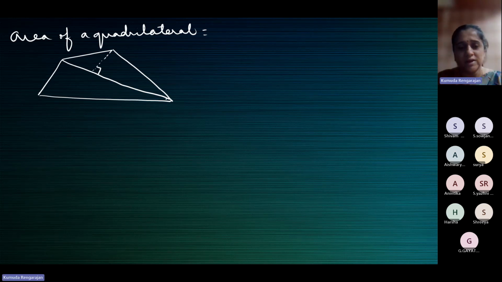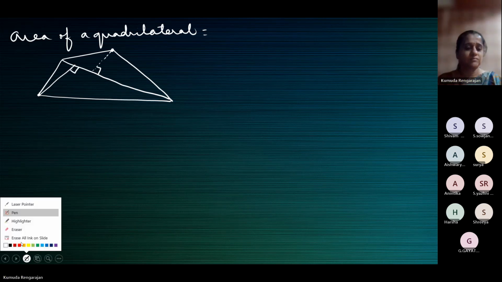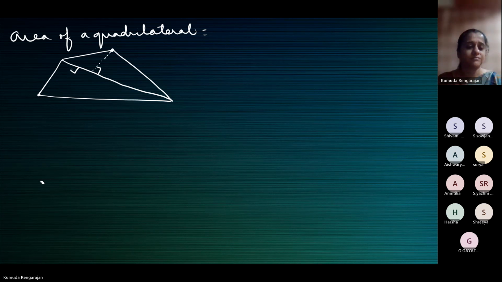In this quadrilateral, I've connected one diagonal. From this vertex, you can see a perpendicular dropped on this diagonal, and from this vertex, a perpendicular on the same diagonal. So if information like this is given, that is the length of this diagonal D, the length of this perpendicular H1, the length of this perpendicular H2.